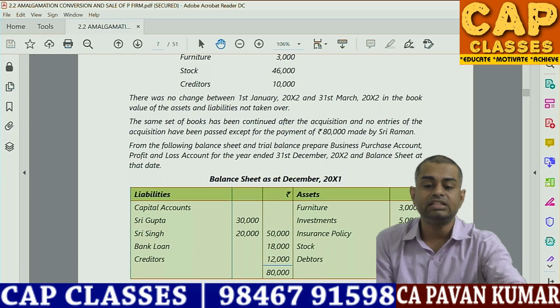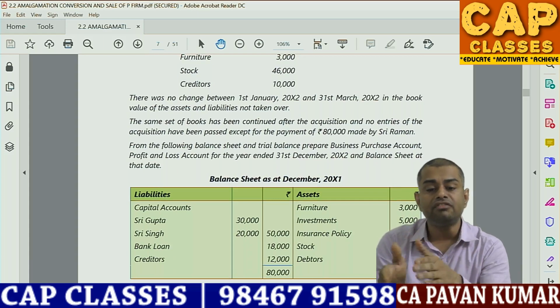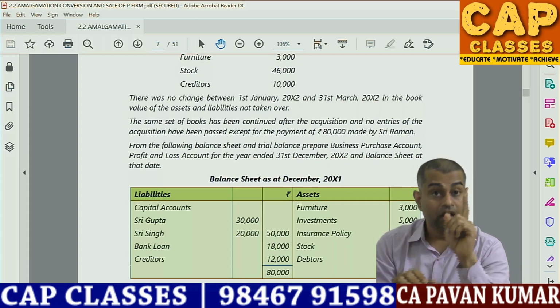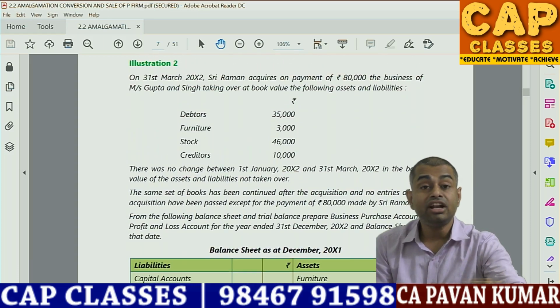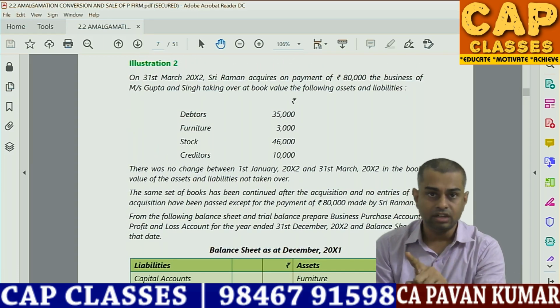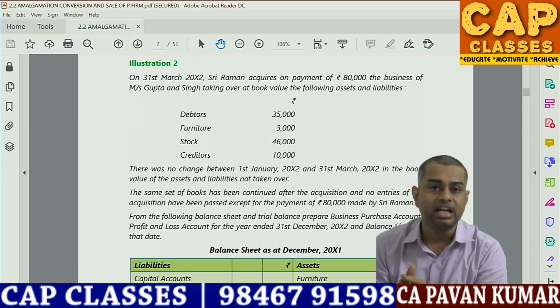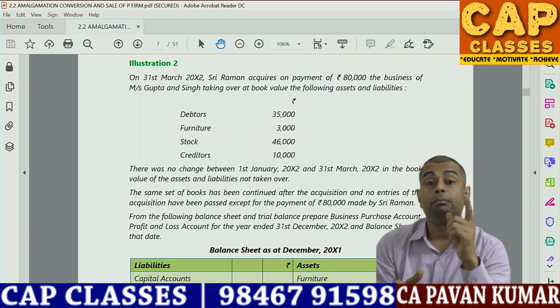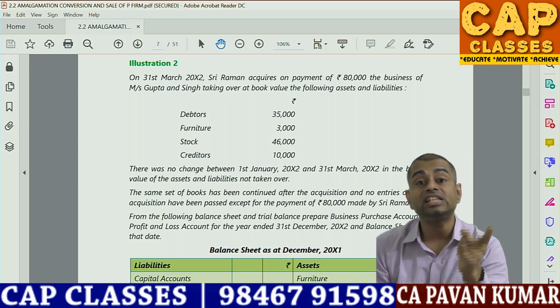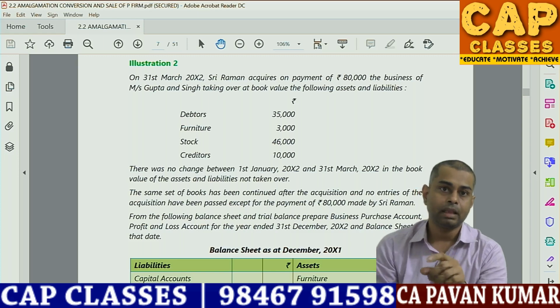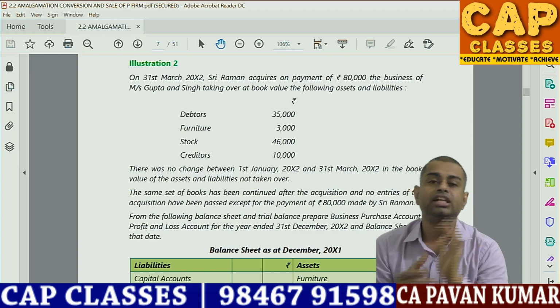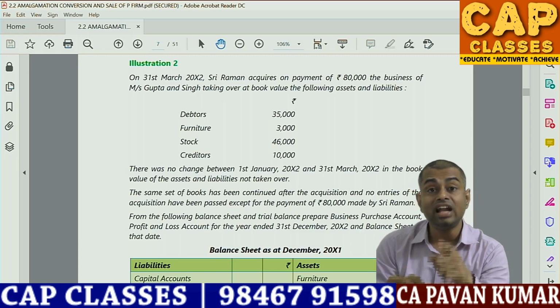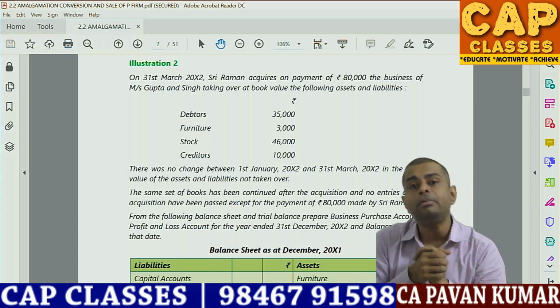That means for 2012, this is the opening balance sheet, typically 1/1/2012. But the takeover of the business happened after 3 months, on 31st March 2012, while the balance sheet is given as on 31st December 2011.